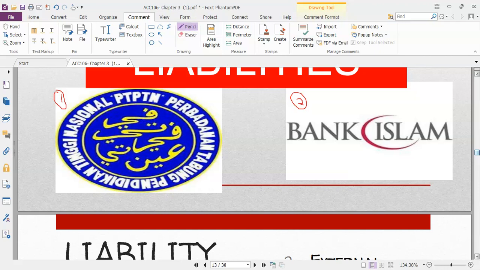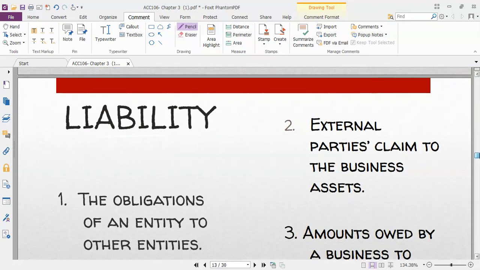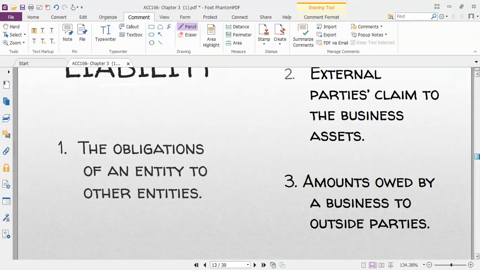So let's look. Okay, what is the definition of liabilities? Okay, the first one is liability is the obligation of an entity to other entity. Okay, obligation ni maksudnya apa obligation? Tanggungjawab lah.